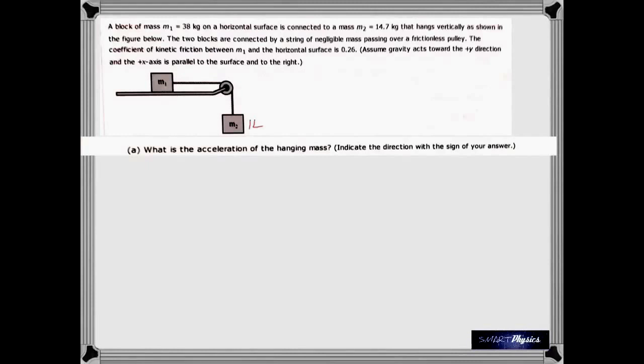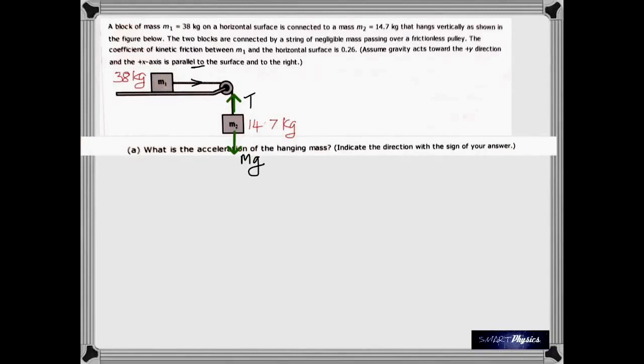Now, treating this as a free body diagram, we consider the forces acting on each mass individually. So the mass here, M2, is 14.7 kilogram, M1 is 38. The weight of this M2 is M2G, and the tension is T. Now those are the only two forces acting on M2.